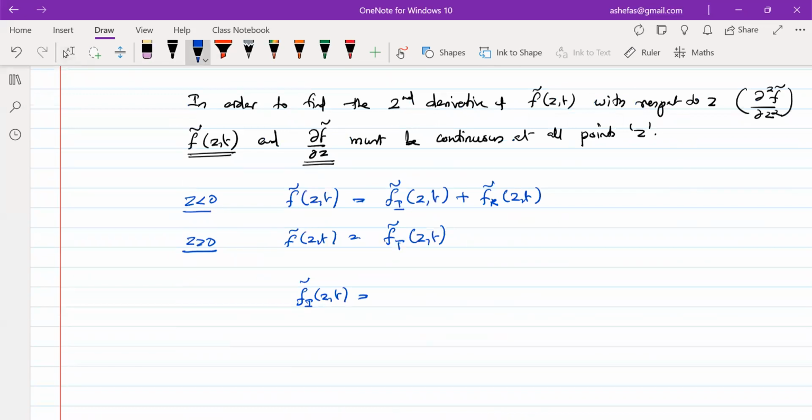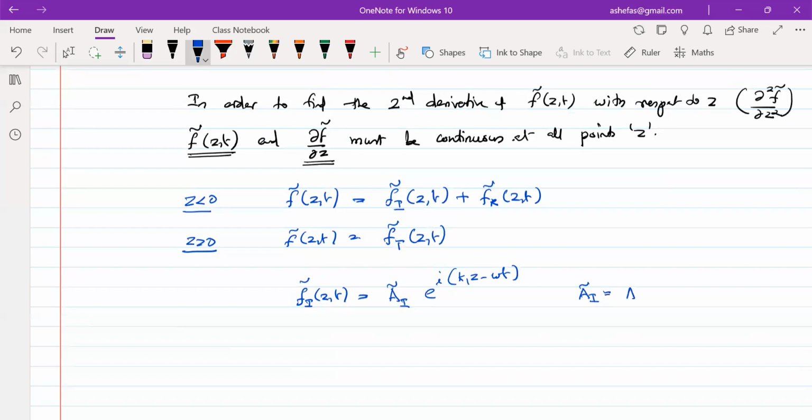So Fi tilde of zt we can write as Ai tilde, the complex amplitude of the incident wave, times e raised to i(k1z minus omega t). And what is Ai tilde here?